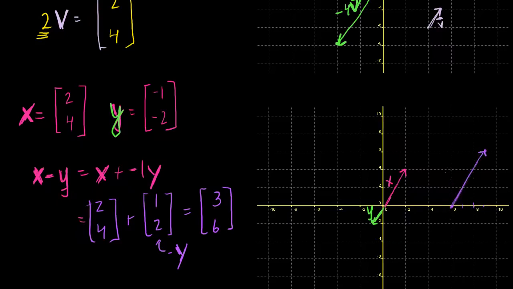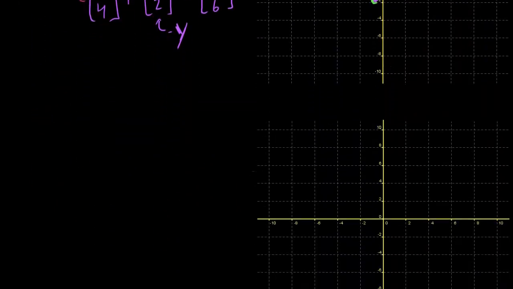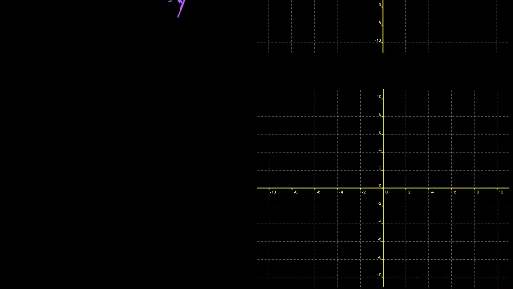At first you say, how is this the difference of these two? Well, if you shift this over, you could start here and go straight up, and you'll see that it's really the difference between the endpoints. You're kind of connecting the endpoints. But I didn't want to draw collinear vectors, so let me do another example. Although that one's kind of interesting. You often don't see that one in a book.